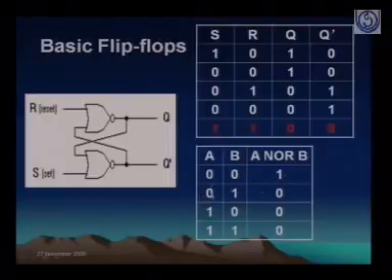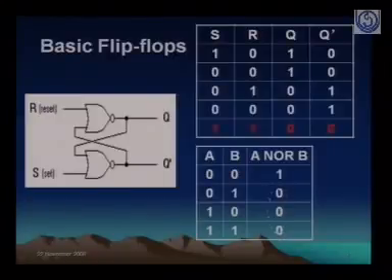Similarly, for A equal to 0 and B equal to 1, in an OR gate we get 1. Therefore, in a NOR gate, which is the complement of OR, we get 0. For the 1 0 case as well as the 1 1 case, an OR gate gives 1, but for a NOR gate we get 0 for these three outputs.